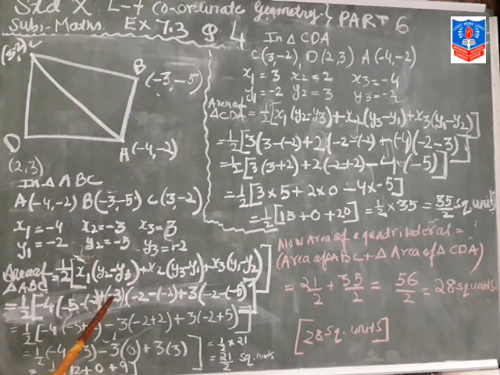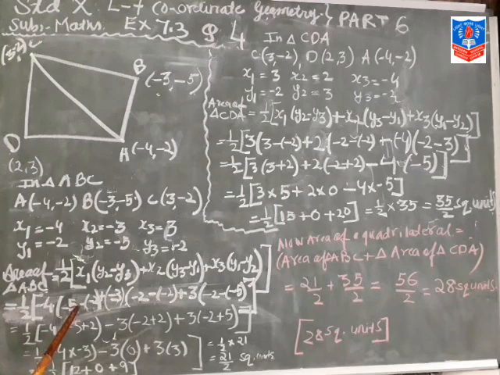We will write plus, but minus 3 we will write in the bracket. Okay? Then y3 that is minus 2, minus y1 minus 2. Then x3 plus 3. Clear? Then y1 minus 2, and then minus and minus 5. So here minus 4. Clear?